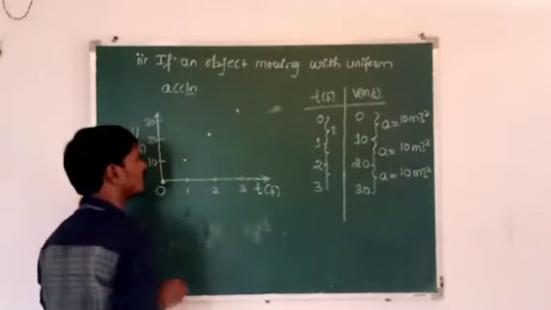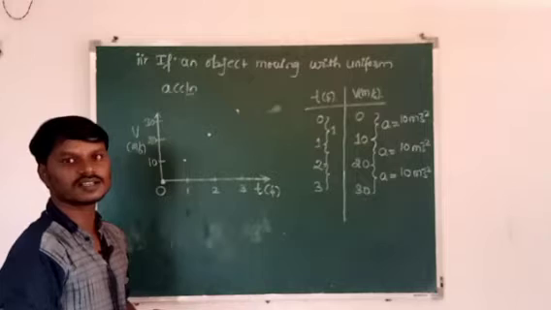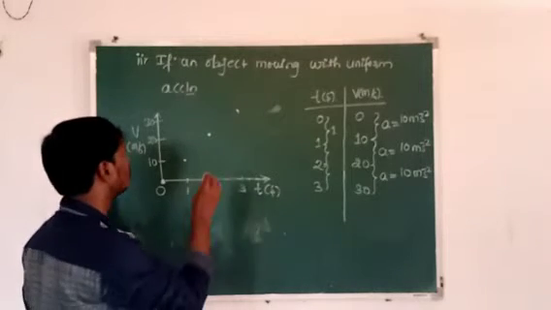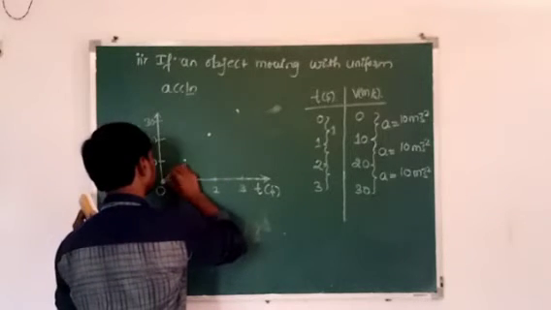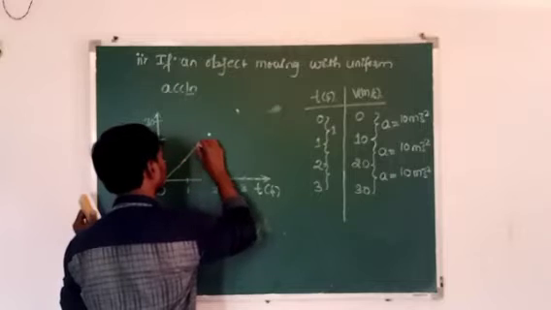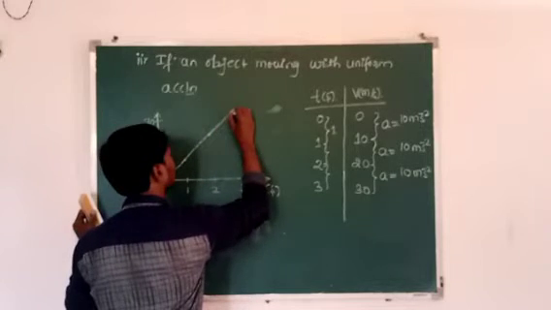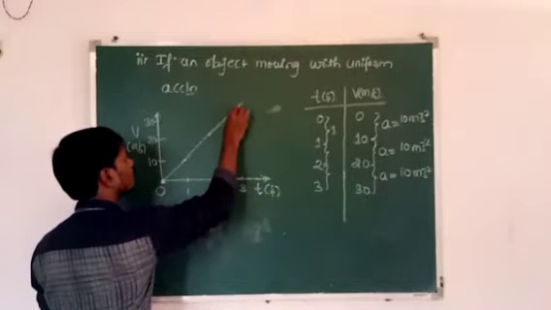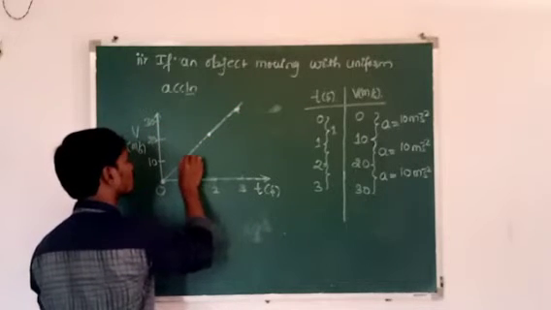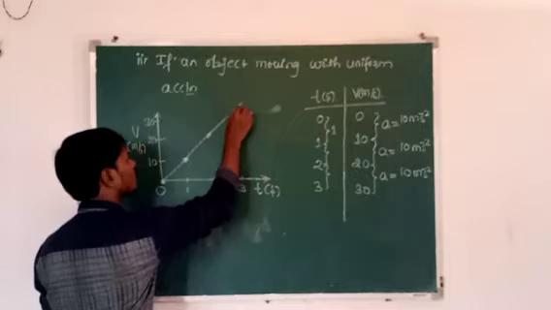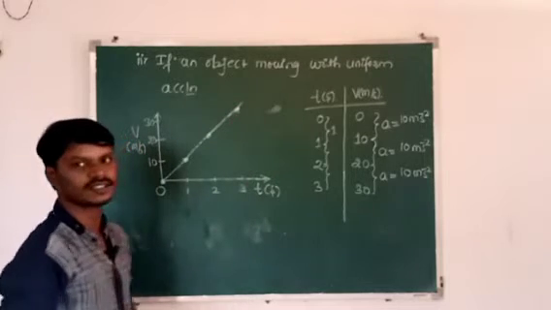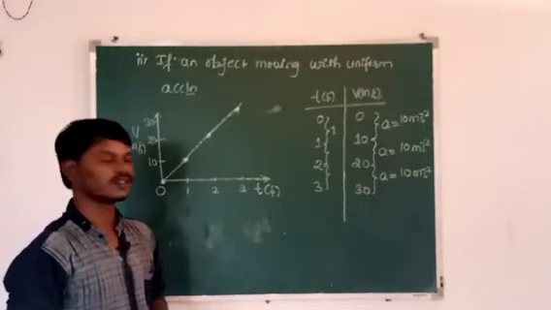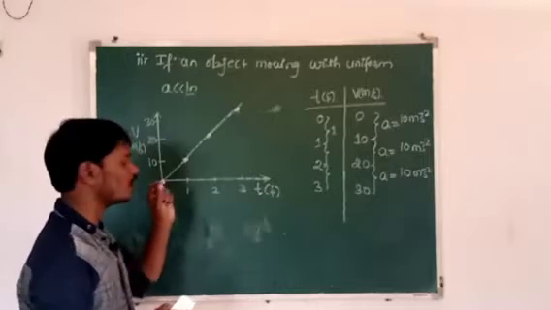So let us join the points here. We will get the velocity versus time graph for uniform acceleration. Now let us find the acceleration of the object.